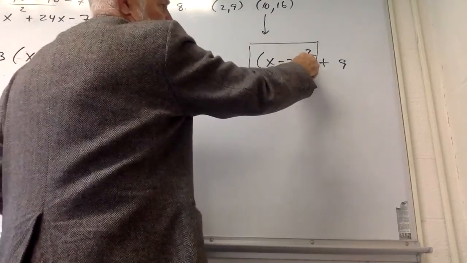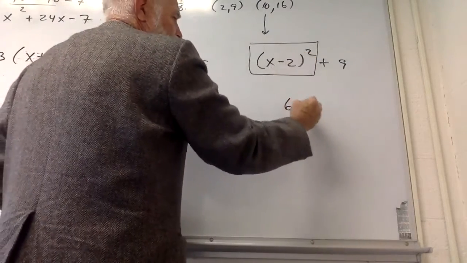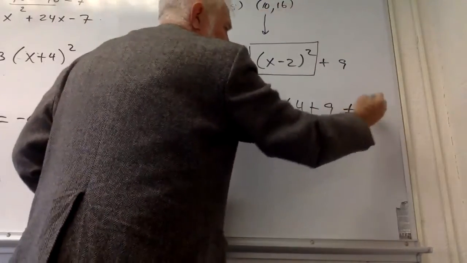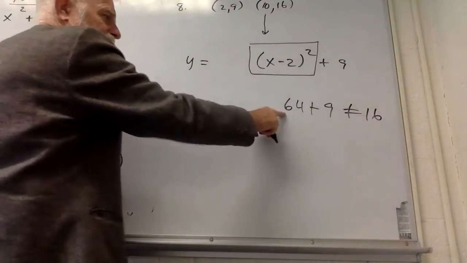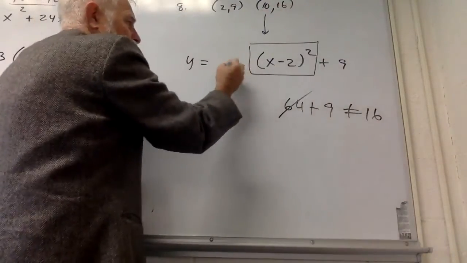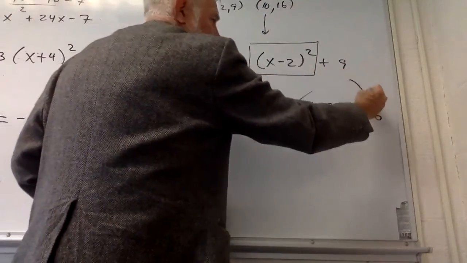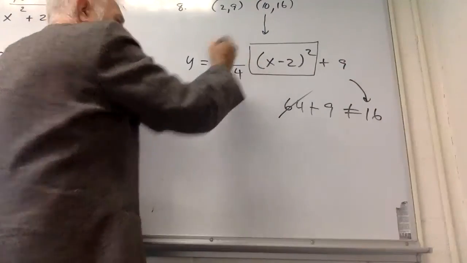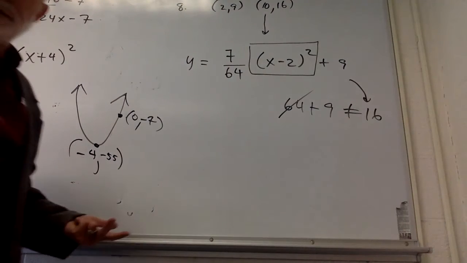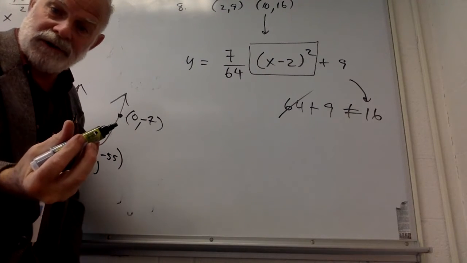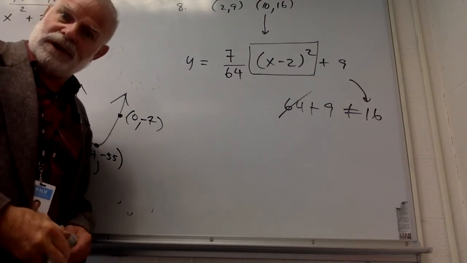That 8 units is being squared. So right now I have 64 plus 9. That's not equal to 16. This number stinks. Let's get rid of it. What can I add to 9 to get to 16? 7. There's the conversion. I've got to make the numbers work, and I'm going to make it work.